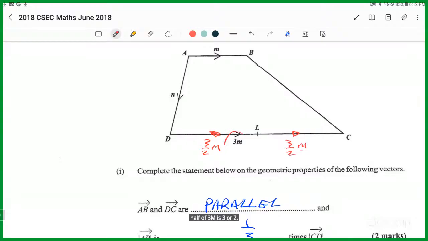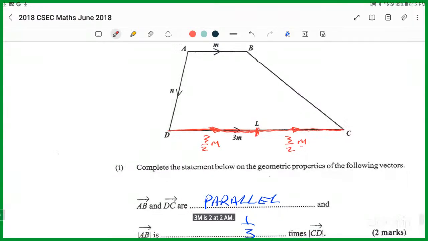The whole thing is 3M across, and this is the midpoint. So this single piece is 3 over 2M, and this other piece is another 3 over 2M. Half of 3M is 3 over 2M, because L is the midpoint.